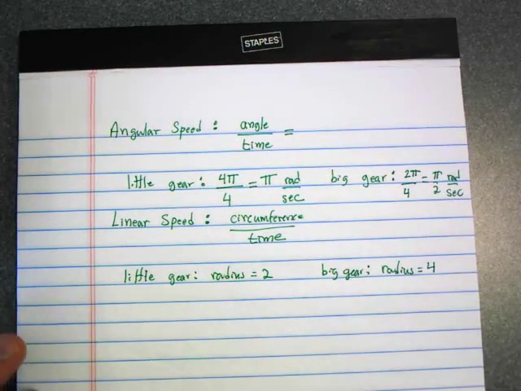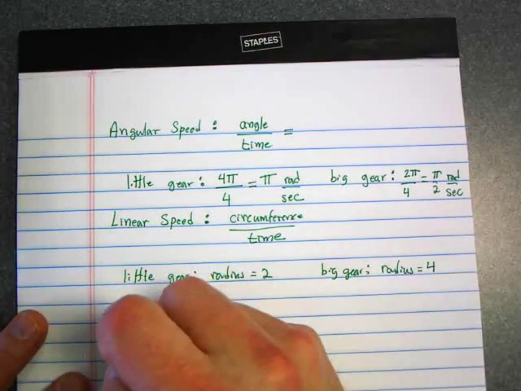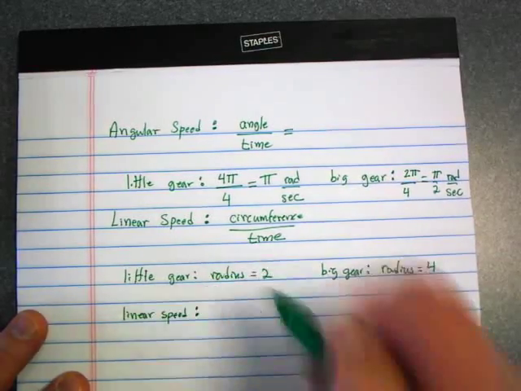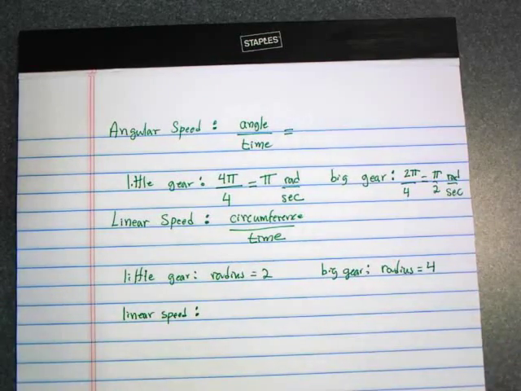Okay, so what's the linear speed of the little gear? Well, it did 2 revolutions in 4 seconds, correct? So if that thing were laying on the floor and it did 2 revolutions, how far would it roll? The exact same amount as the big gear. That's what we're going to find out in a minute here. That's correct. Their linear speeds are the same because they're connected.